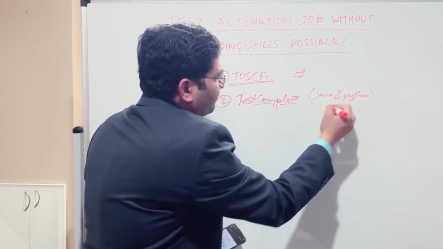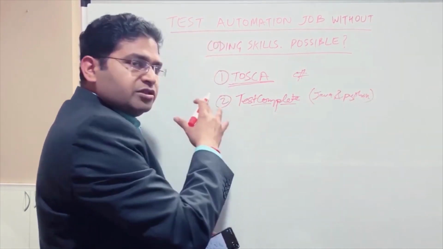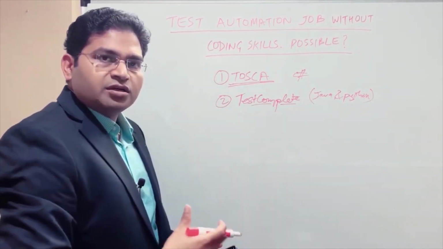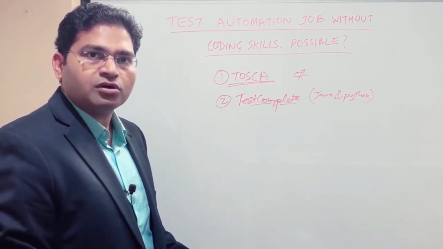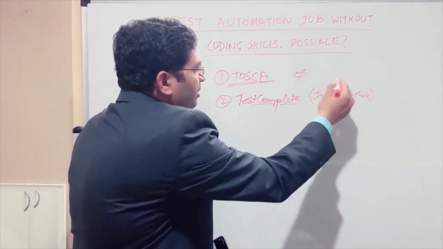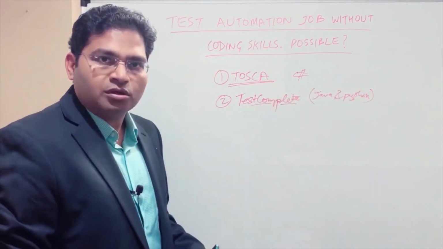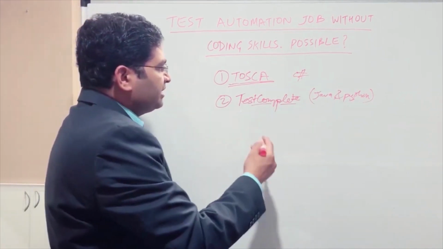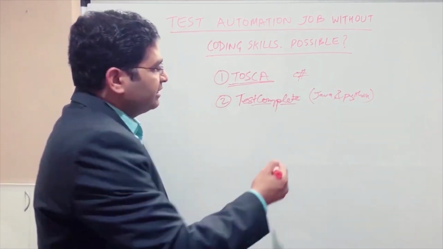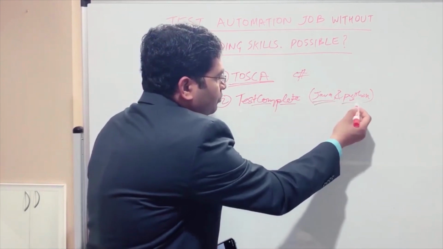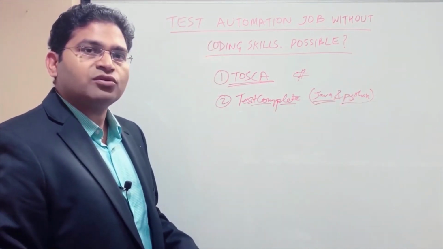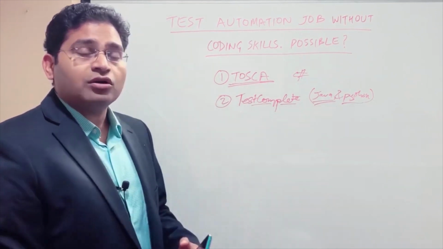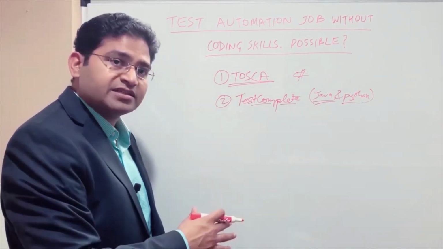So even though it is no code for the initial phases, you will be able to do a maximum of 90% of your automation without even looking at the code, how it is going on behind the scenes. But if you are a test architect, it is recommended that you know the programming languages so that you can use them in case of any edge scenarios which cannot be solved by the test team.